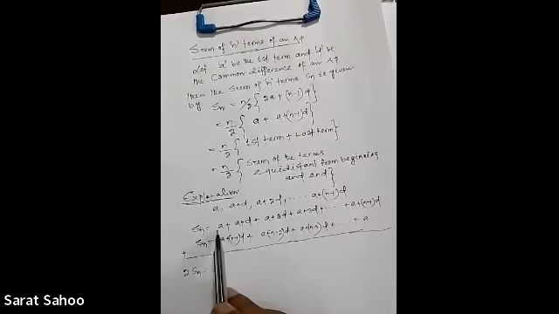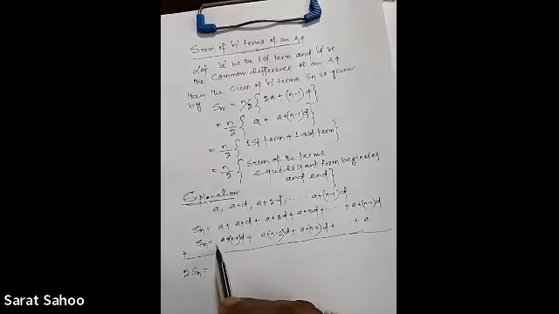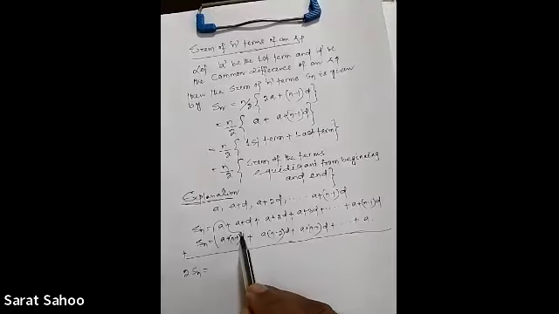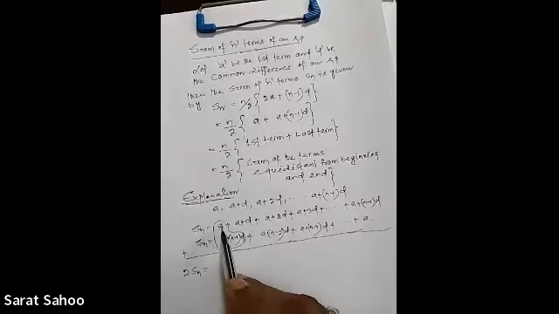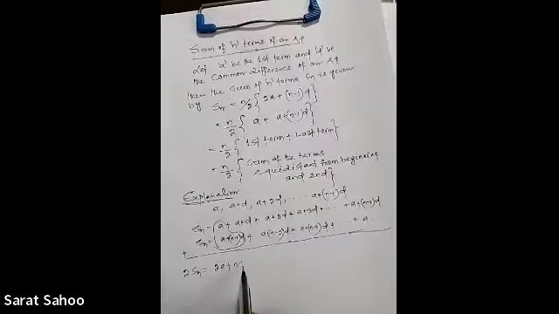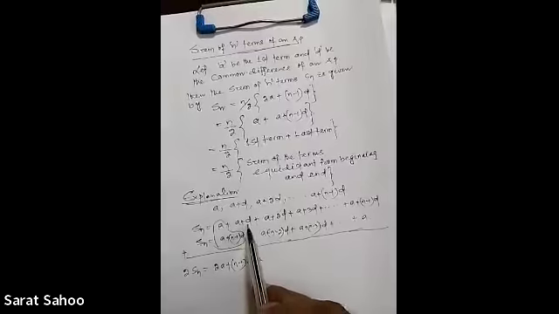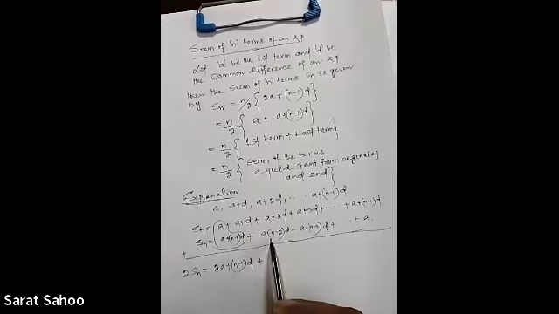Now club the first term of the first series with the first term of the second series. Add these two terms. A plus A, that is 2A plus (n minus 1) into D. Now add the second term of the first series and second term of the second series.